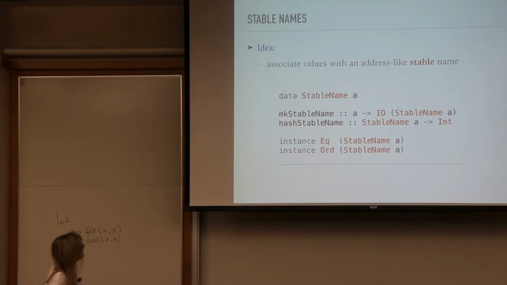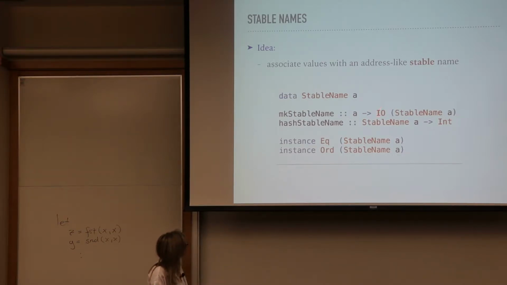There's this Haskell library which provides an abstract data type called stable name, and if I have an object of any type a, then make stable name returns just a name, and the guarantee with this name is that it identifies the object and is not affected by garbage collection or anything.